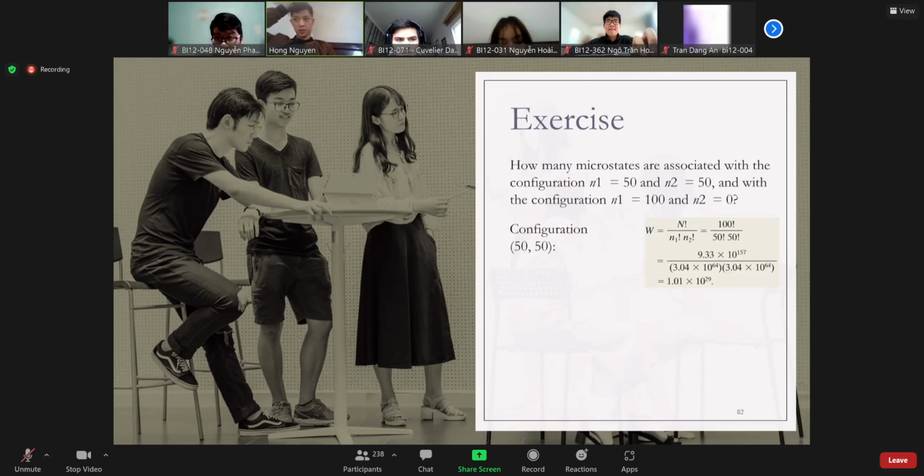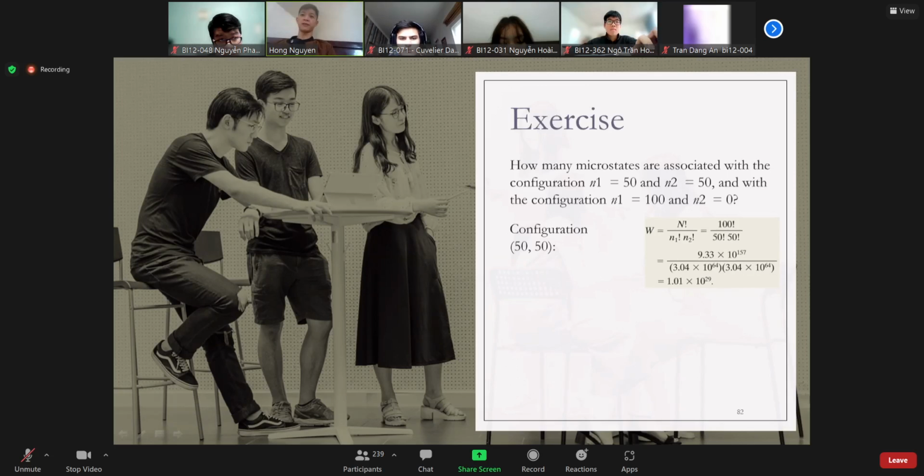Now we have a system of not 6 atoms anymore. We have 100 atoms or molecules. 100, okay? It's still very small. It's still nothing. But if we look at the situation, I call the situation half-half. So 50 molecules are found in one half and 50 are found in the other half.